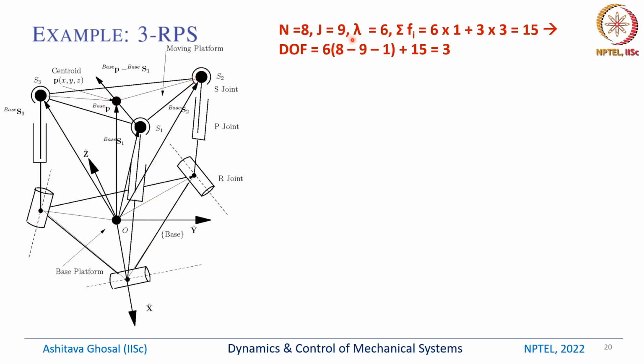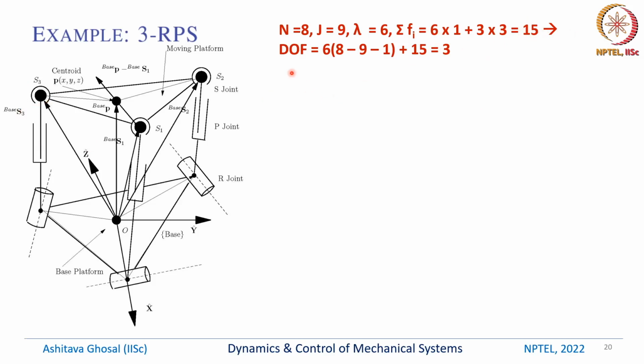So J is 9. Lambda in this case is 6 because this whole mechanism operates in 3D space. We can also find the degrees of freedom of each one of these joints. So the 6 joints have 1 degree of freedom, which are the rotary and the prismatic joints, so that is 6 into 1. Each spherical joint has 3 degrees of freedom, so that is 3 into 3, total is 15.